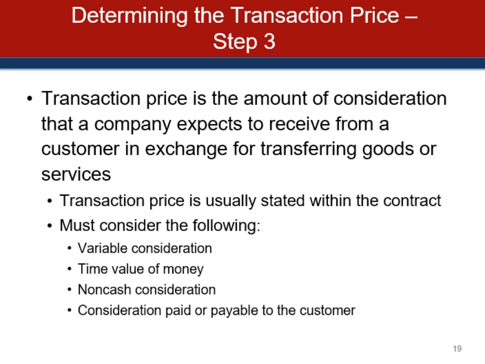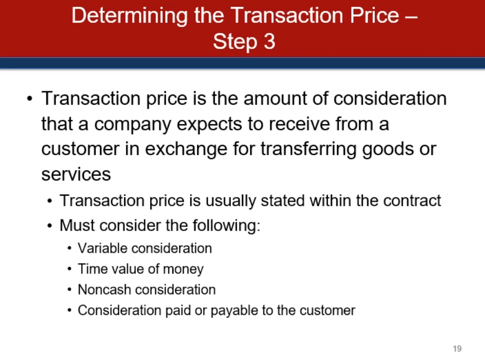In other contracts, the company must consider other potential factors. The following factors would include variable consideration, so consideration which is dependent on some kind of a future recognition or realization of uncertainty. The time value of money. If there's a significant delay before the money is received, then the time value would recognize that the value of those payments is not as high as if they were received today.